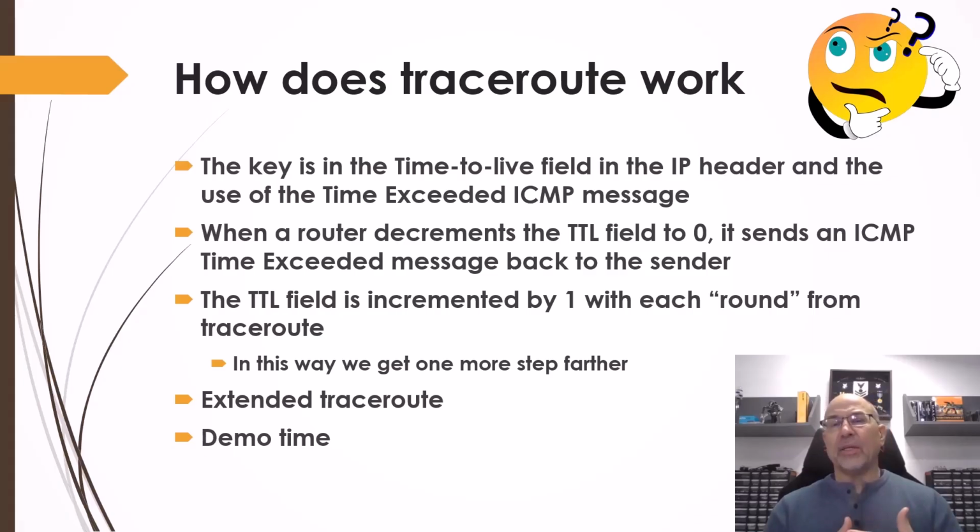And then you send another traceroute message, actually an ICMP message, out with a TTL set to 2. So it gets by the first router, gets to the second router, and then the TTL is back down to 0, and that router responds, and so on and so on. And of course, we have extended traceroute as well.